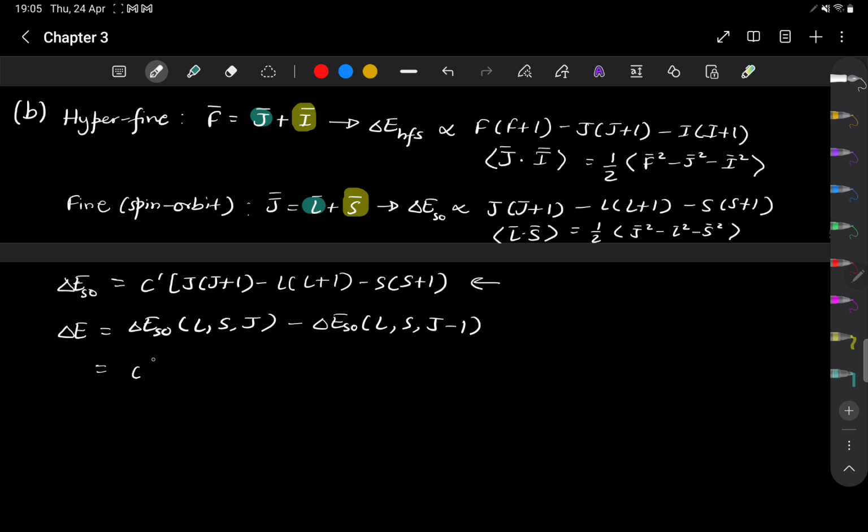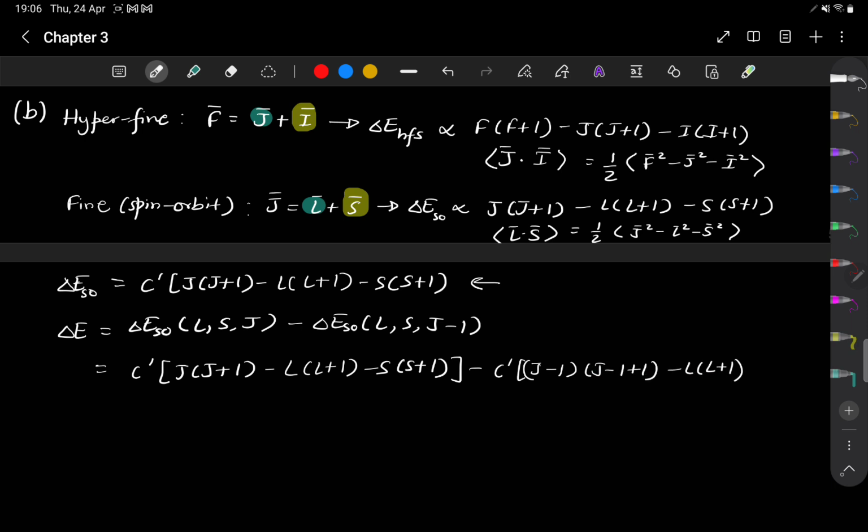So we have the following. J minus 1 now and then J minus 1 plus 1. L and S remain the same.